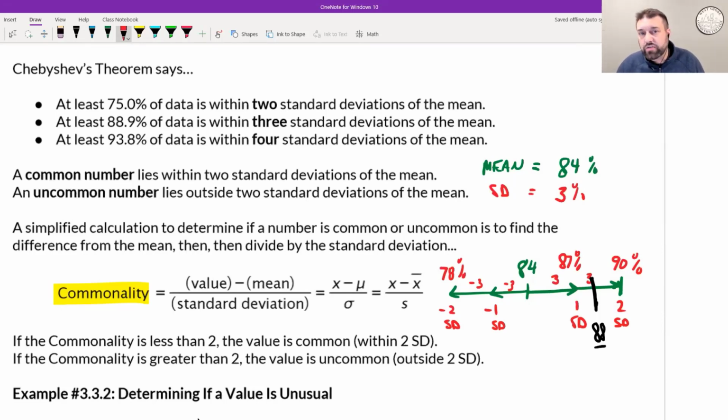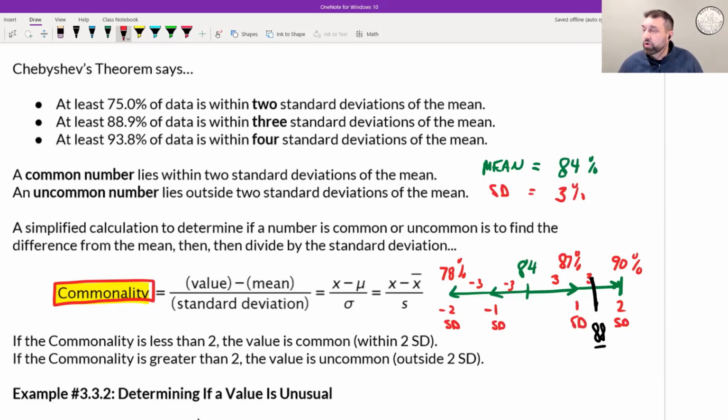So how many standard deviations above the mean is your score of an 88? To calculate this, we use 3 things: the mean, the value in question, and the standard deviation. This number is called commonality. Okay, commonality is this idea of saying, instead of using whole numbers like Chebyshev did, 2, 3, and 4, we may have to find decimal values that are above the mean.